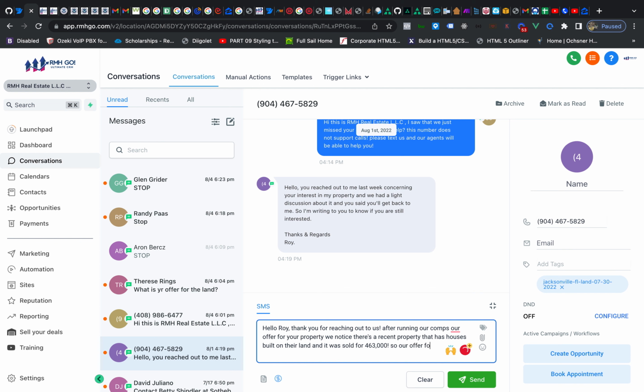So our offer for a vacant lot would be 203. Let's say 265.